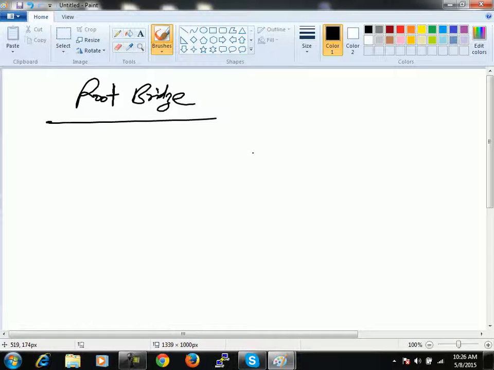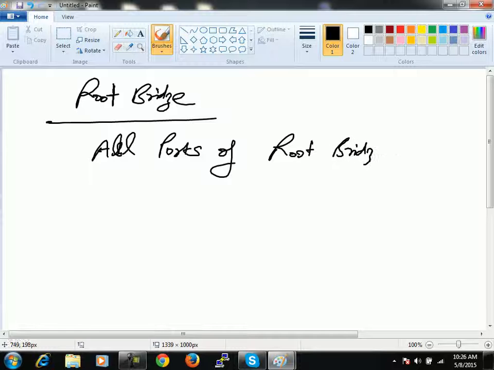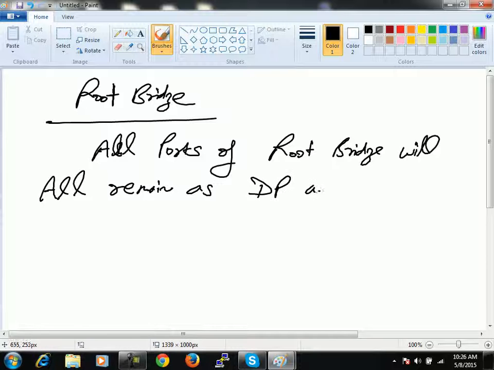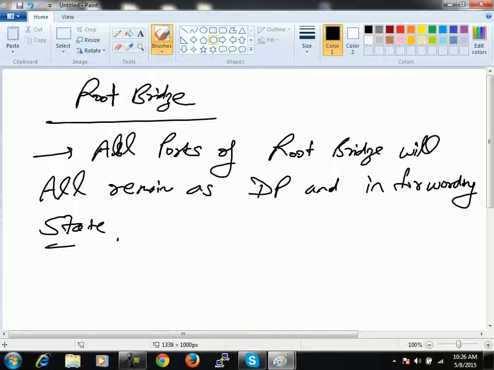There is a simple rule that all ports of the root bridge will always remain DP and in forwarding state, because DP will always be in forwarding state. Remember, all ports of the root bridge will always be DP except one condition.